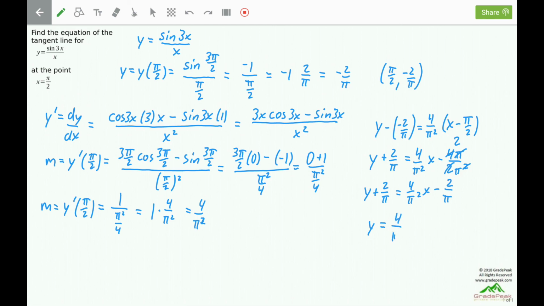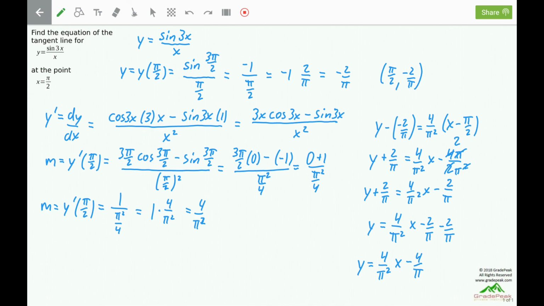And we have the 4 over pi squared times x minus 2 over pi, and then minus another 2 over pi. Well, those have a common denominator, so they can combine together. And we have 4 over pi squared times x minus 4 over pi.